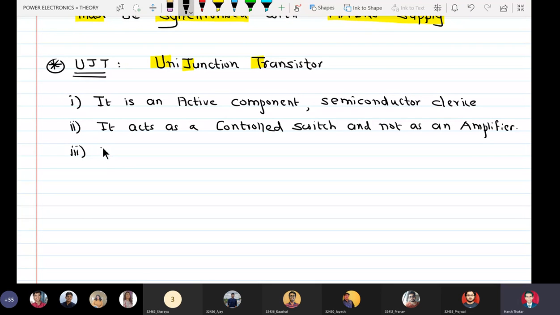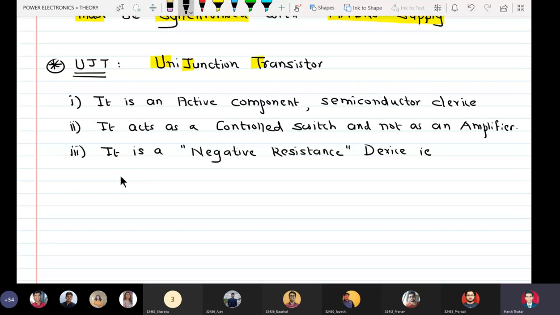Okay, it is a negative resistance device. That is, conventionally Ohm's law says that across any component the voltage is proportional to current and V equal to IR. That is called a positive resistance effect. This is a negative resistance.